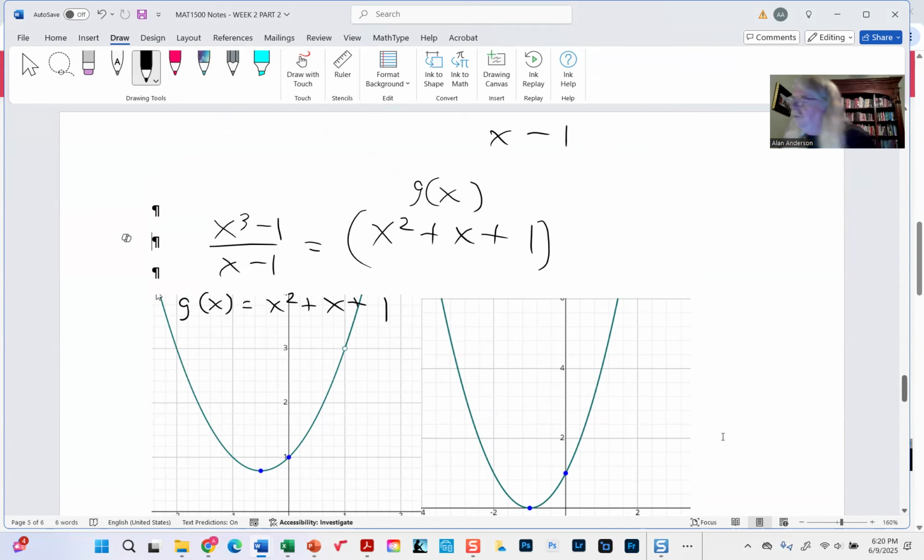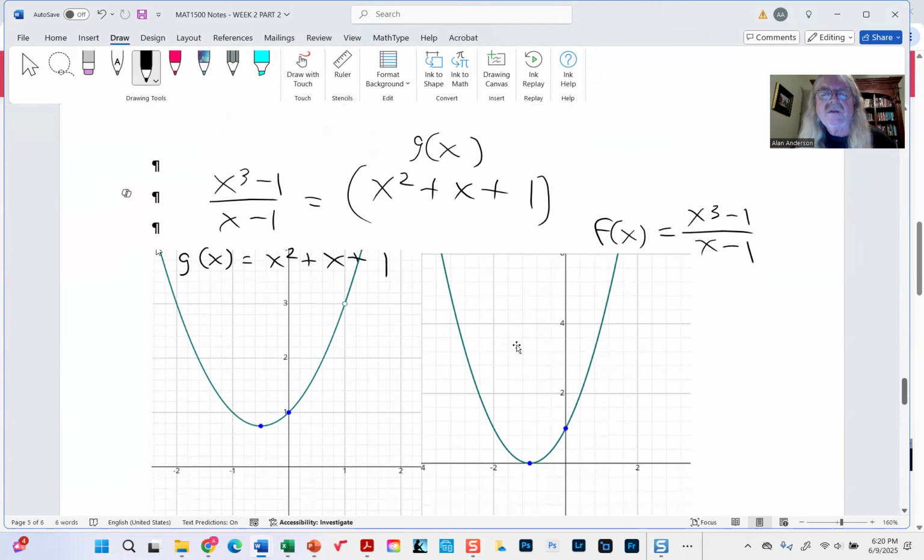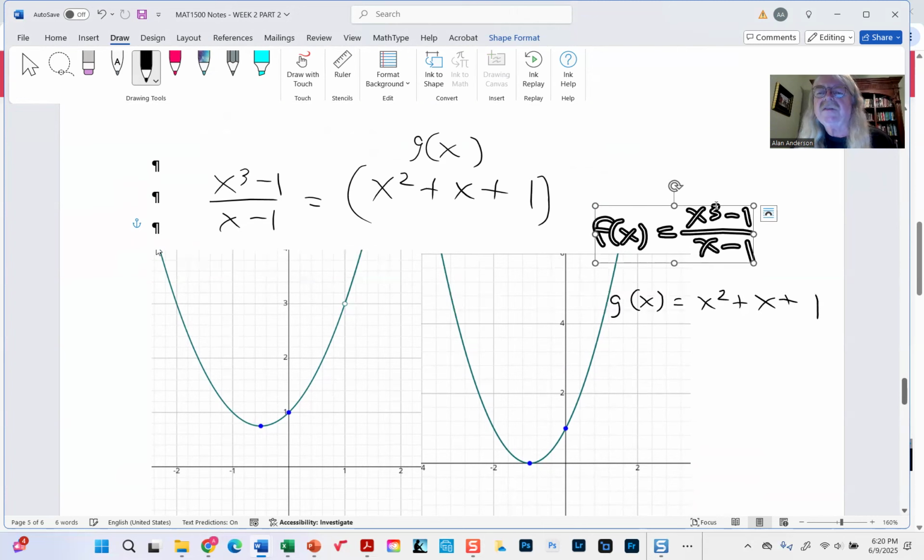Okay, so that means here we have f of x, the original function. So anyway, you know what I just realized? It actually switched the two of them, didn't it? While I was moving them around. All right, well then this is g of x, this is f of x.